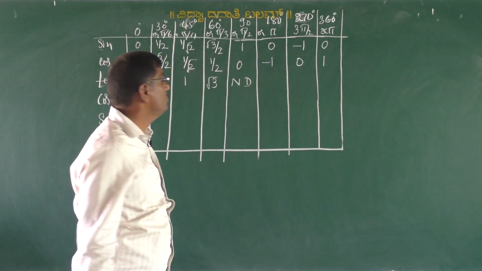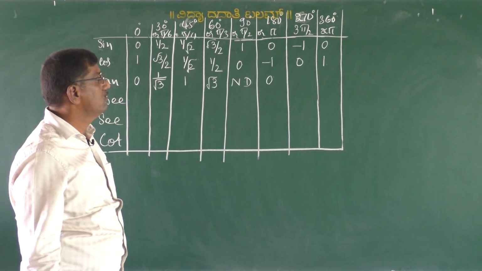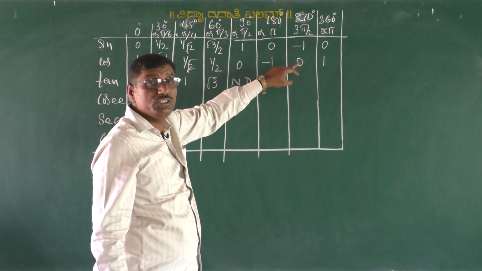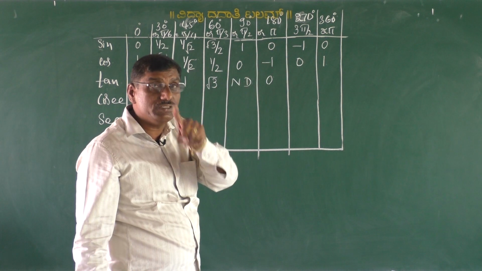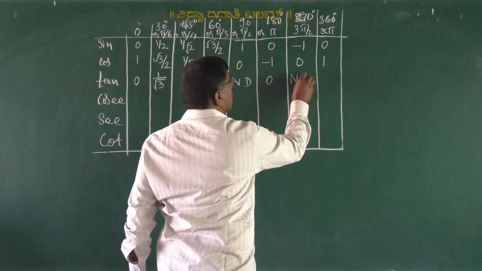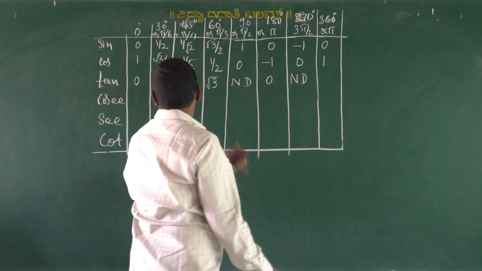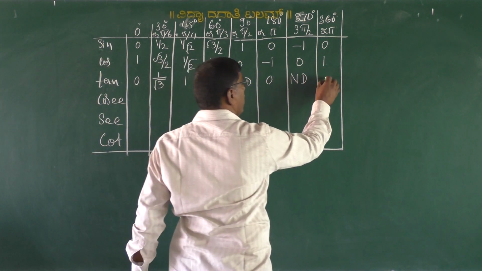Tan 180, 0 by minus 1, that is 0. Tan 270, minus 1 by 0, which is also not defined, that is minus infinity, but which is also not defined. Last one, tan 360, tan 2 pi is 0 by 1, that is 0.